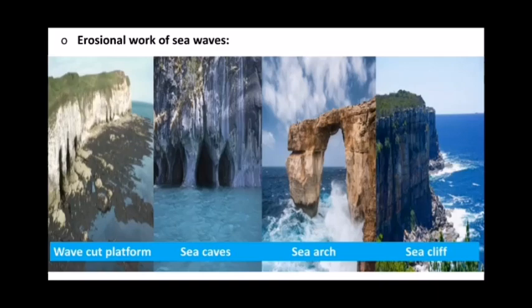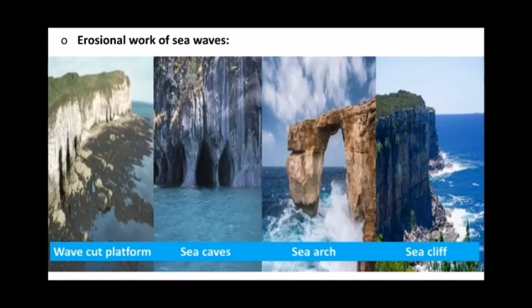Because of the chemical and hydraulic action of the sea waves too, erosion occurs. Children, hydraulic means the sheer force of water, when the sea water comes crashing against the coastline, which causes materials to be carried away by the sea. Because of such actions, erosion occurs on the coast.